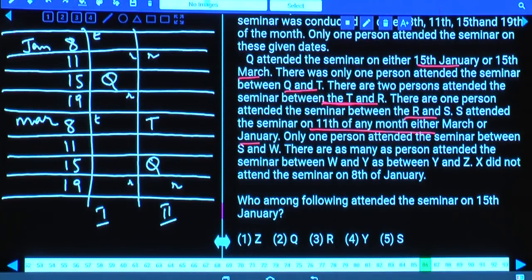Now let us start with this one, S. S attends the seminar on 11th of either March or Jan. If S is at this place, 11th March and 11th Jan. And similarly here also S is either 11th March or 11th Jan.